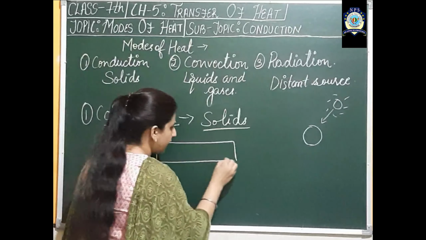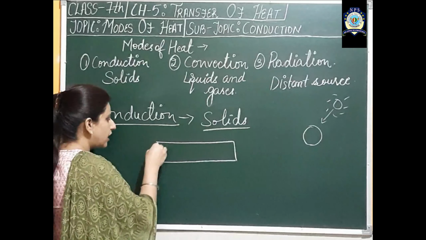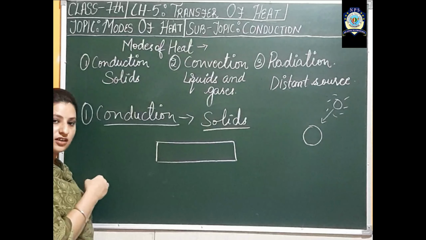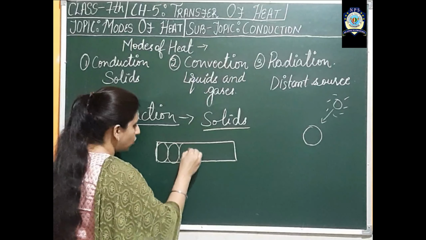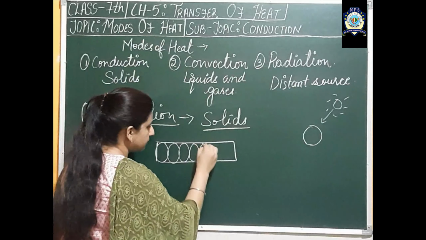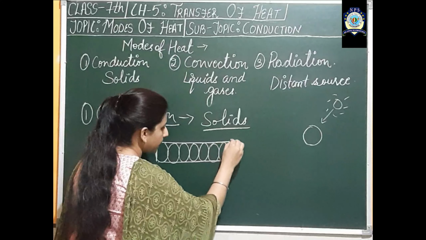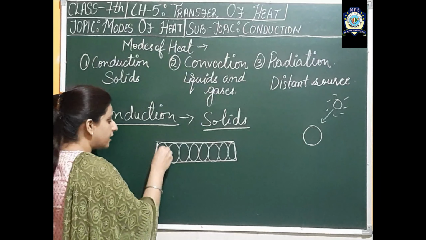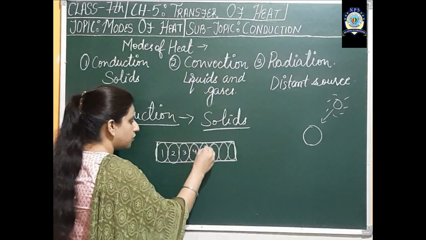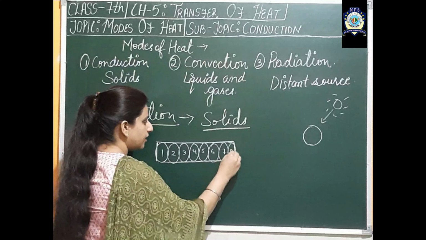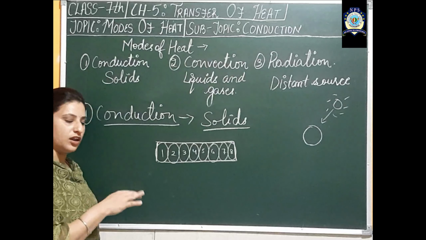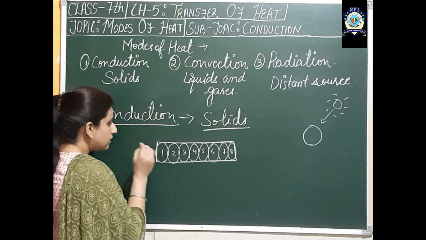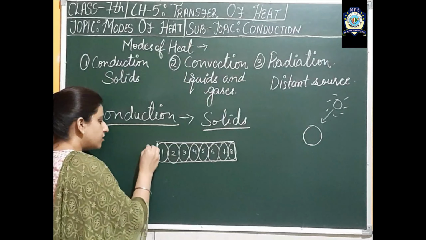If I draw a diagram of an iron rod, we know that an iron rod is a solid structure, and in solids the atoms are tightly bound to each other. I am numbering the atoms 1, 2, 3, 4, 5, 6, 7 and 8 just to make it easy for your learning. Now this iron rod has two ends, A and B.